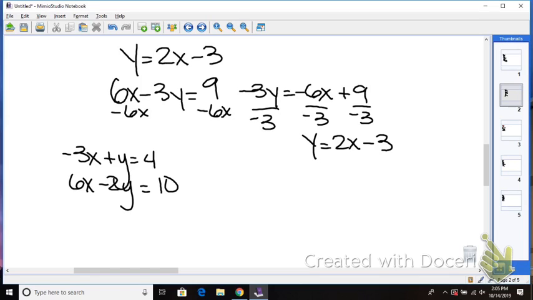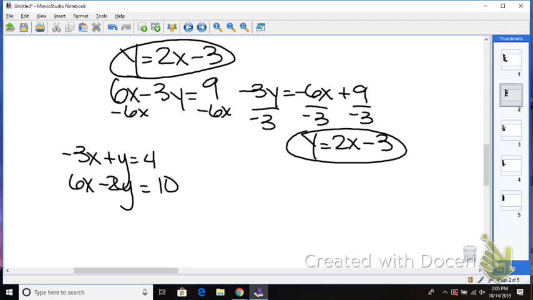Okay, the window group on this side of the room. What did you notice when you graphed these two lines? They're exactly the same. At this point you could see this line is exactly this line.